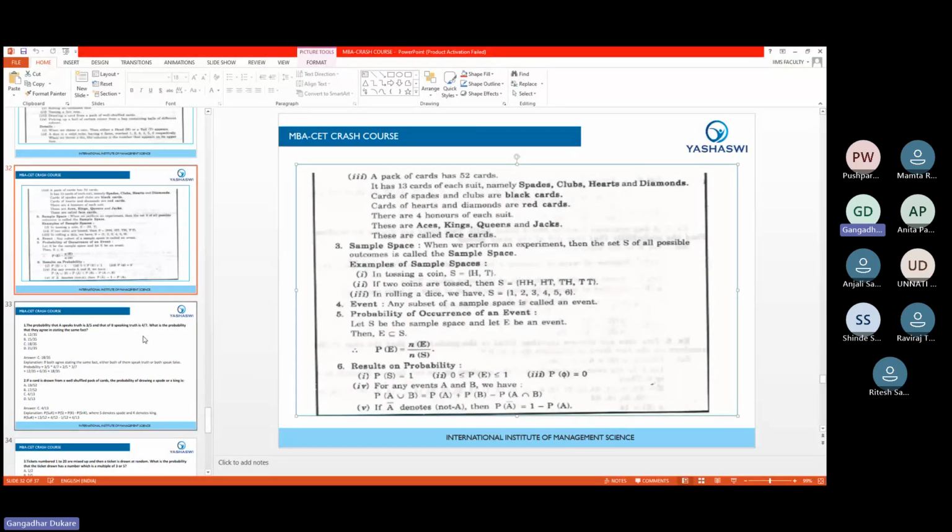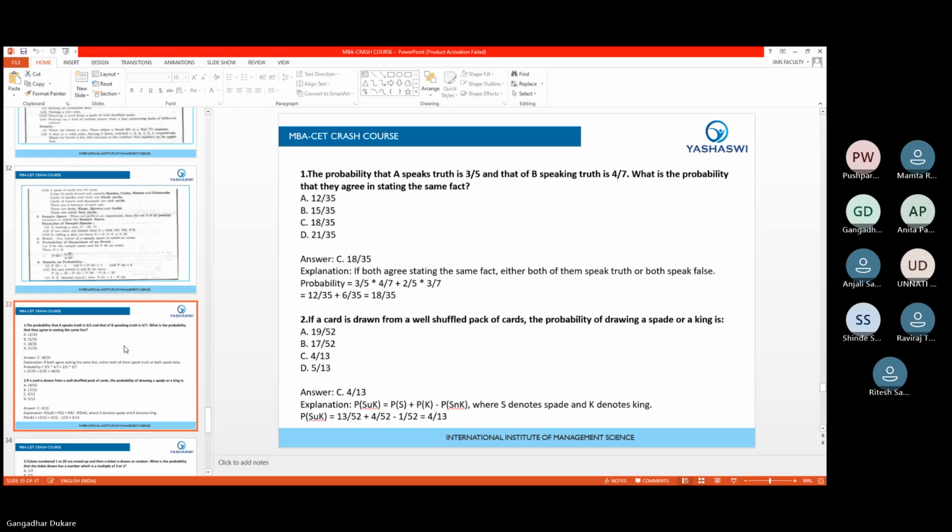Let us take this example to understand probability. The probability that A speaks the truth is 3 by 5 and B speaks the truth is 4 by 7. What is the probability that they agree in stating the same fact?